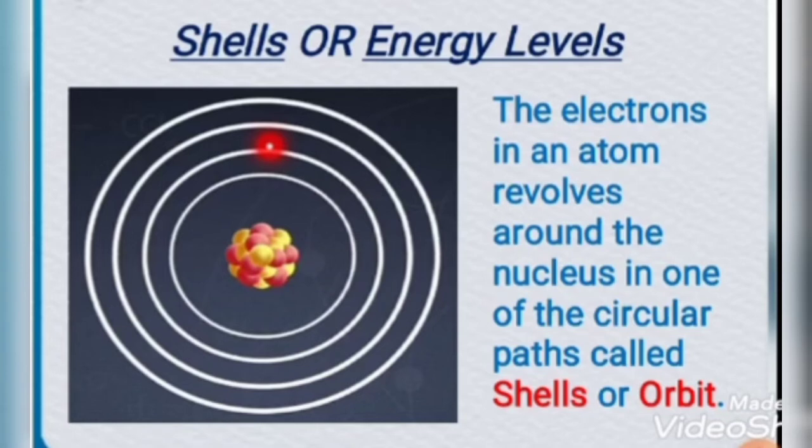So students, according to Bohr's atomic model, the electron in an atom revolves around the nucleus in one of the circular paths. This circular path is called shells or energy levels, or also we can say orbit.